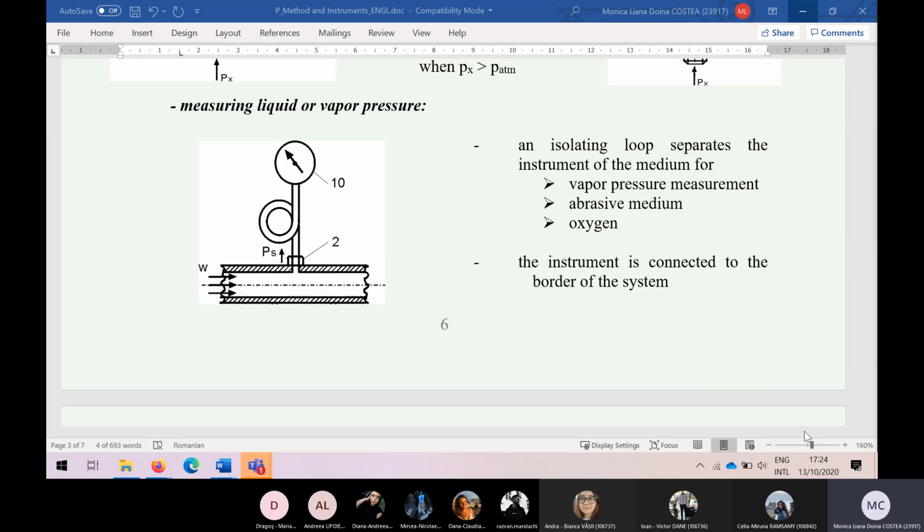Fluid dynamics, it's the name of your course, yes? So dynamics means that something flows and has a certain speed, yes? So if that pressure is based on the speed, it's called dynamic pressure.